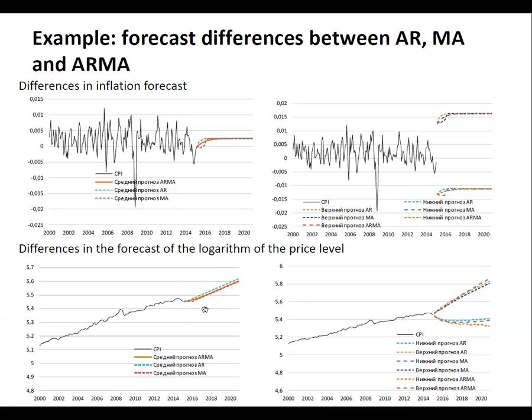Well, I have no evidence that any of the models systematically outperforms the other in out-of-sample prediction evaluation. I tend to use either the autoregressive model or the ARMA model, because it is always a compromise between the two models, and ultimately the model that uses the fewest number of parameters.